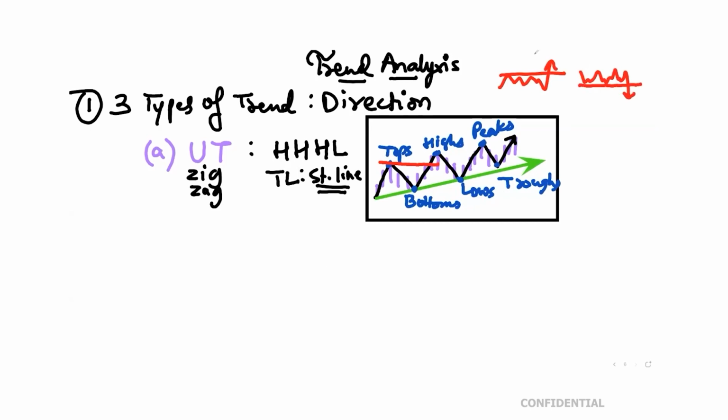A breakout is when you break out from a resistance. Breakdown is when you break down from a support. And we have discussed during the risk reward relationship how you're going to trade in breakouts and breakdowns, where you're going to long, short, where you're going to keep your stop losses and price targets. Whenever there is a breakout, after that we will go long.